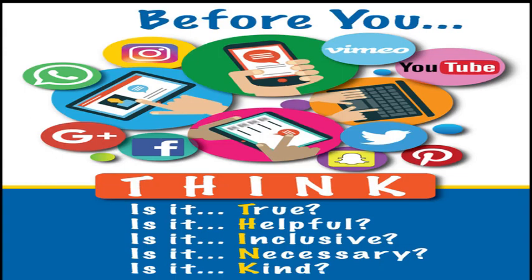It has drawings, icons, and words. So we have WhatsApp, Facebook, Instagram, Twitter, YouTube, and many other words. And in the footer area, we have a call to action questions.